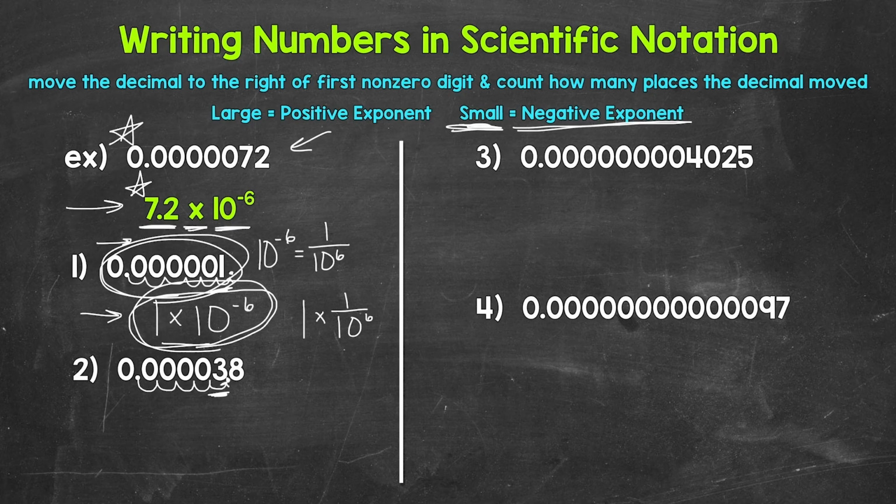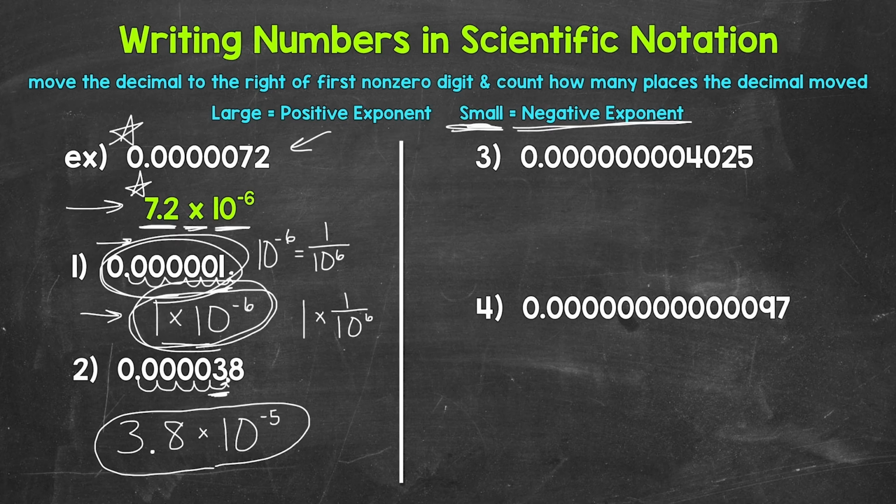So all we need to do now is write 3.8 times, and now we need our power of 10. So our exponent is going to be how many places we moved the decimal. That was 5. And we're working with a small number here, so we need a negative. So this is 10 to the power of negative 5. So for our scientific notation, we have 3.8 times 10 to the power of negative 5.